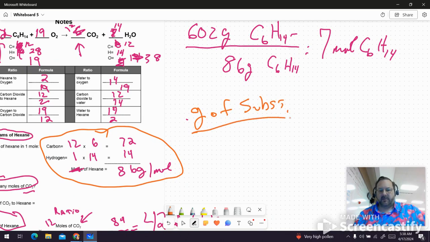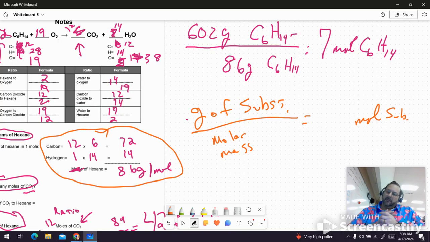We divide those grams by the molar mass of the same substance to get moles of the substance. That's the equation that we're doing. That's the only thing new that you're applying to this aside from what we've already done. Okay? So hopefully you have no problems on our little worksheet we have today.